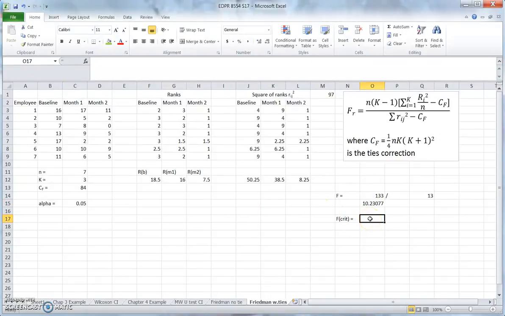In the table, if you use those three values, you would find a critical value of 7.14. Since the observed 10.231 is greater than 7.14, we are going to reject the null hypothesis.